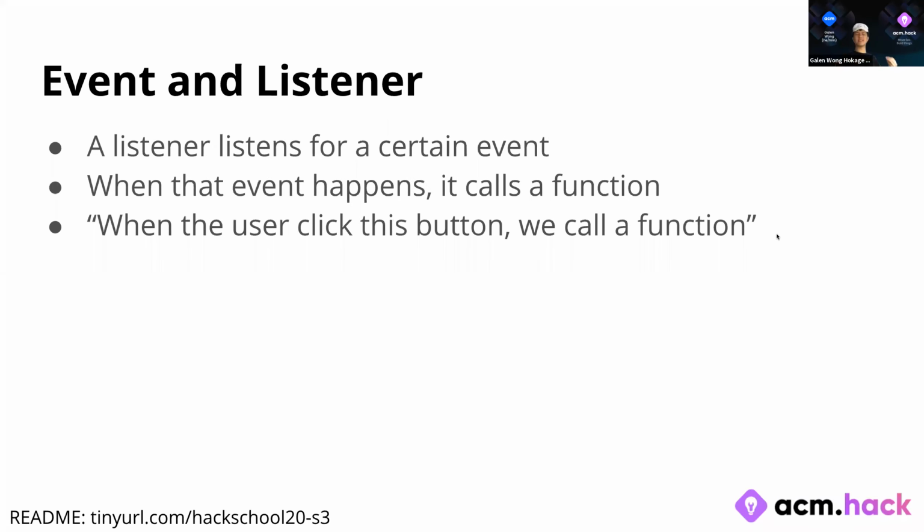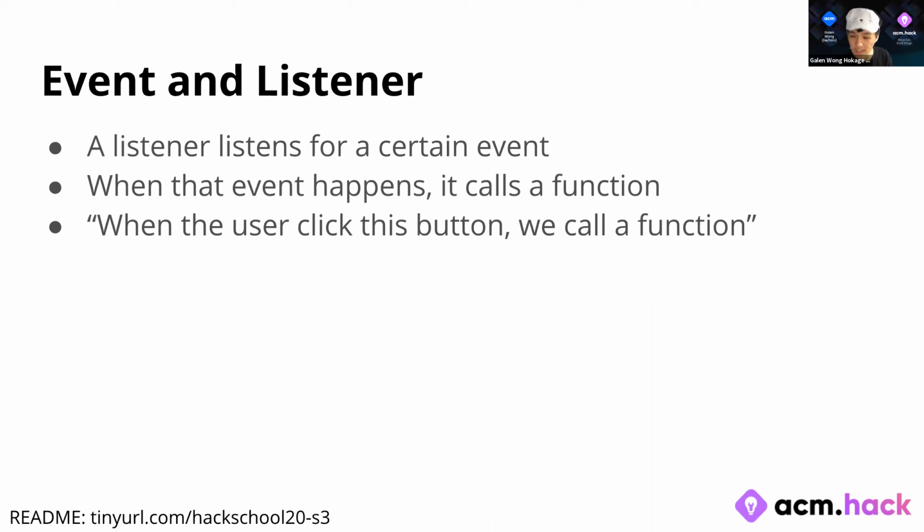And then what is listener then? So listener listens for a certain event. So when an event happens, the listener's job is to call a function. What it does is that it listens, keeps listening. The user clicks on that thing. If the user clicks on that thing, it is going to go and call a function, right? So this is the job of a listener.